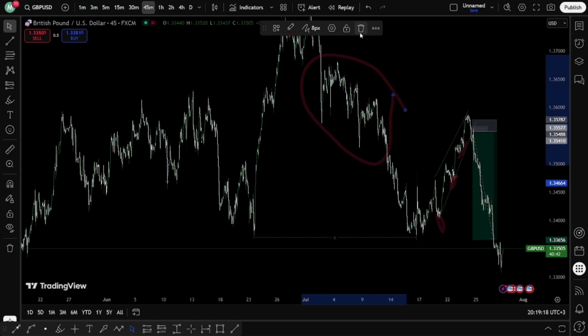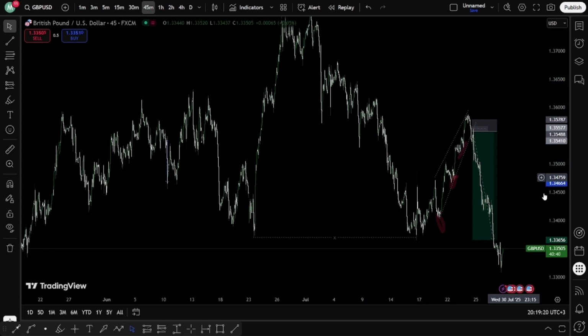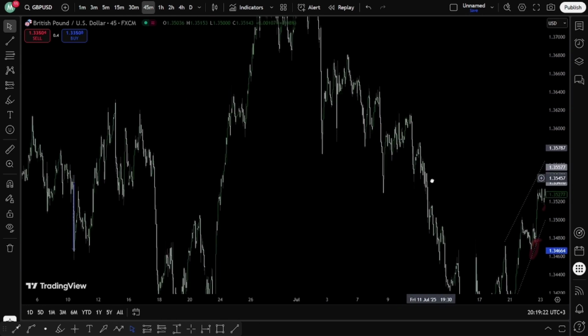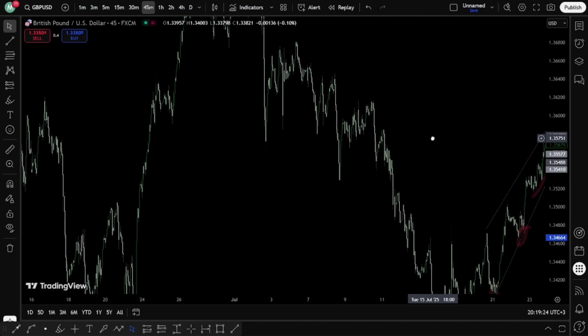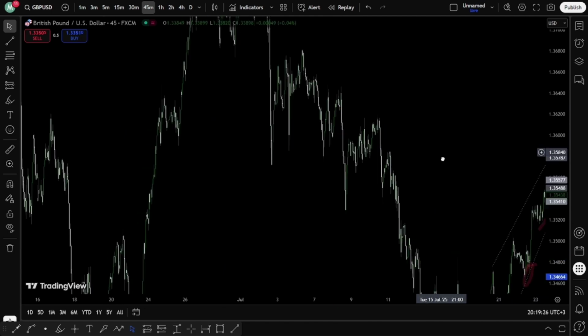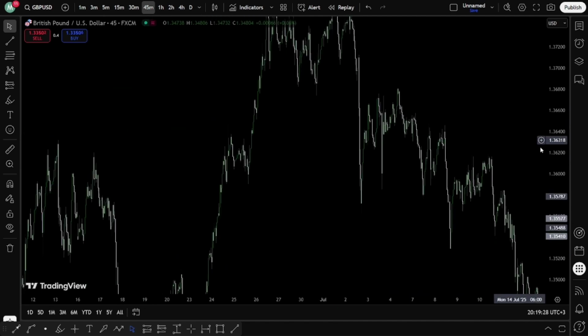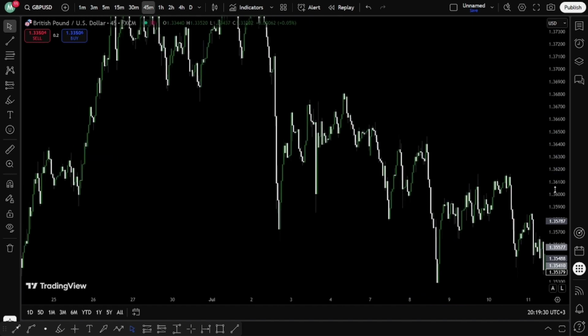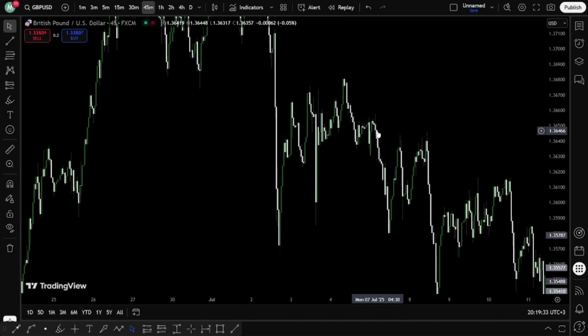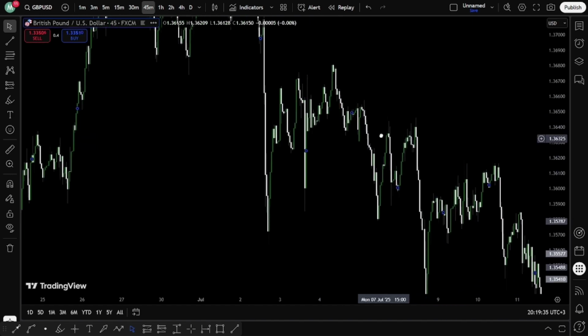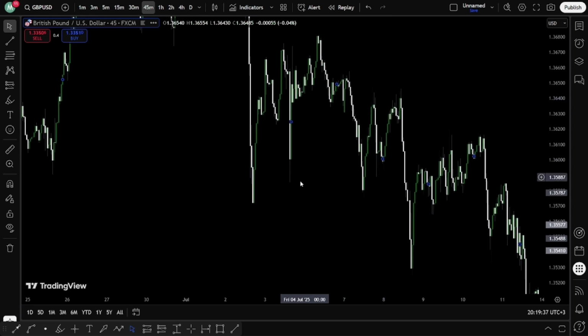So what did I do? I came back to this area to look for an entry zone. Then I found one. First of all, according to what I saw, this was a filled order block, and after that, this one was some kind of a change of character of this upward move, not a break of structure. Then the market returned here.